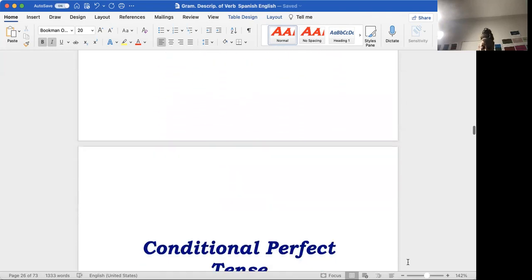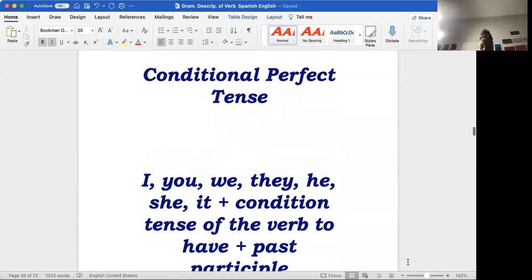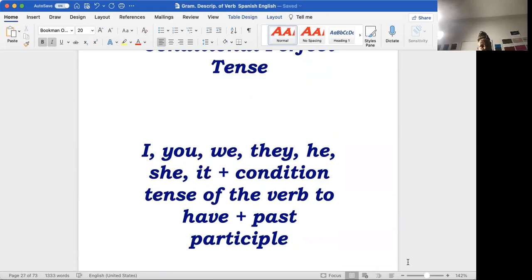Let's get in here, the conditional perfect tense. Once again, super rare, super limited reason. Well, I don't know if the reason is limited, but unless you think in a particular way, you're talking about, I know I'm not supposed to be explaining, but I just have to say this.